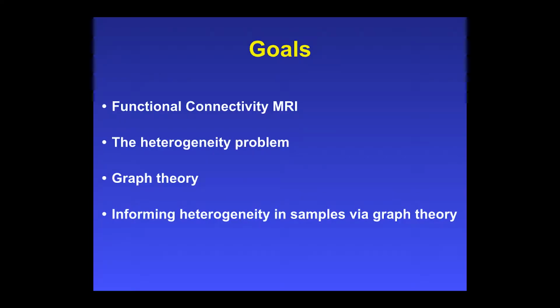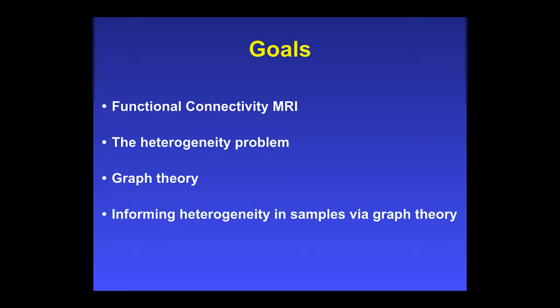One is about this new methodology we've been using that I think is going to be extremely powerful as the years move on, called functional connectivity MRI. The second goal is I want to discuss what we've been dubbing the heterogeneity problem in developing populations and how that's going to be really important for education and clinical work moving forward.